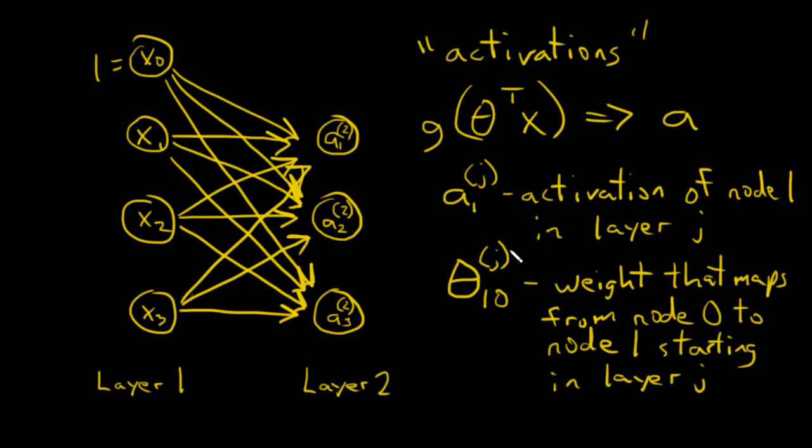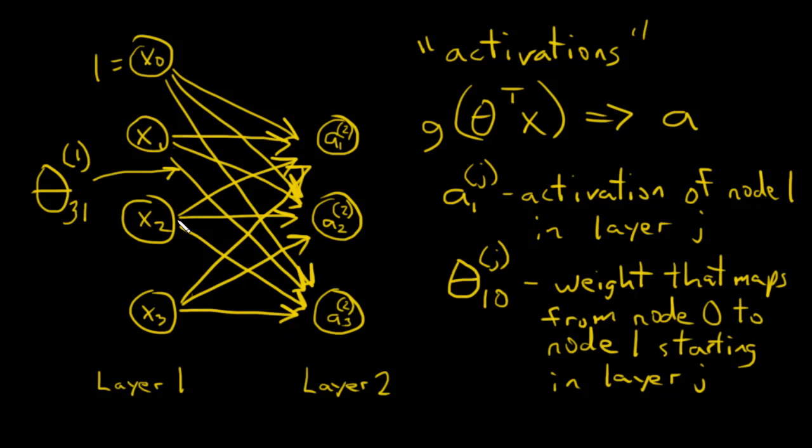So let's pick one of these. I'm going to pick this one right here, and let me draw a little arrow to it. This connection is between node 1 and node 3, and it's starting in layer 1. So this one would be theta going from node 1 to node 3, so 1 to 3, and the starting layer is layer 1, so superscript 1.